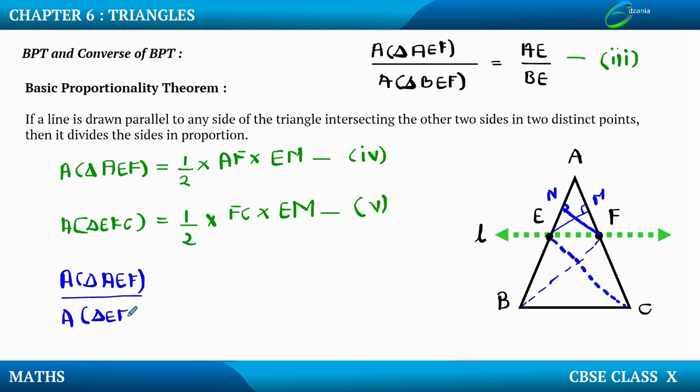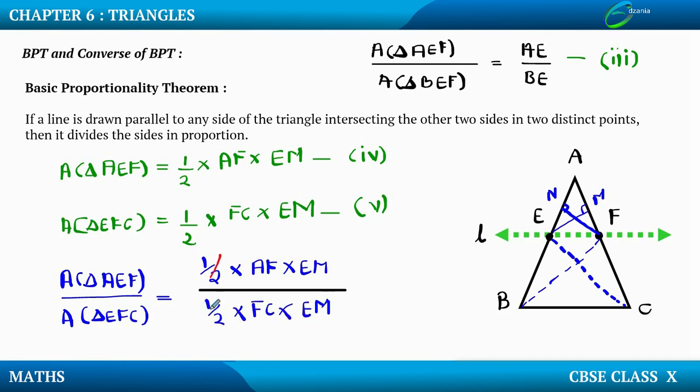This will be equal to half into AF into EM upon half into FC into EM. Half will get cancelled, EM will get cancelled. Ultimately we are going to get the result as AF upon FC.